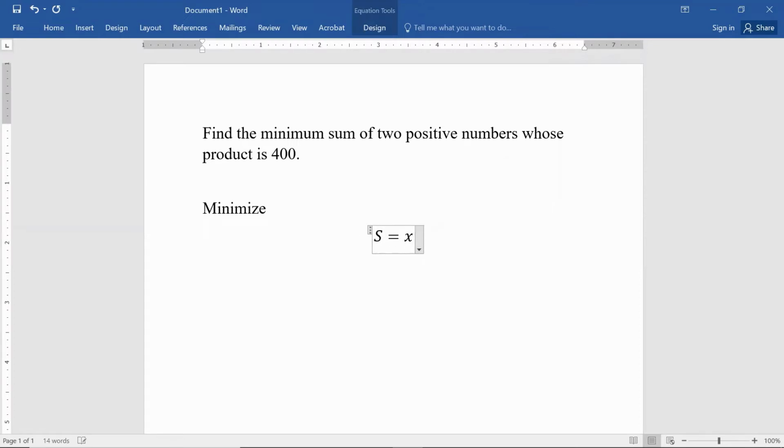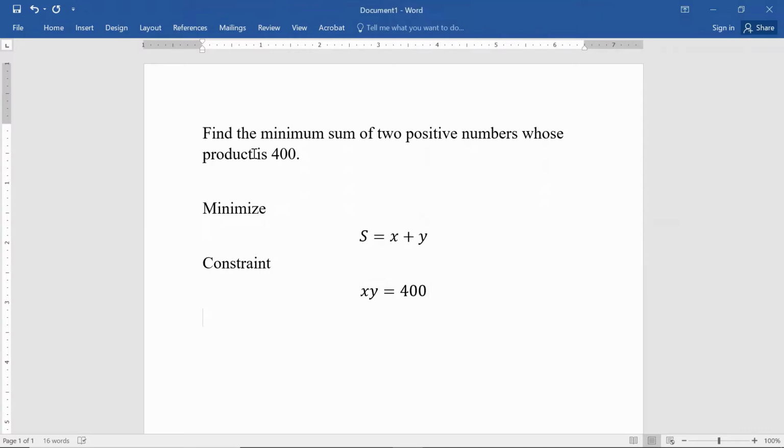We can call those positive numbers anything we want, but I'll choose X and Y. The constraint is that the product of these two numbers is 400. Therefore, X times Y is equal to 400. I will label that as my constraint equation.